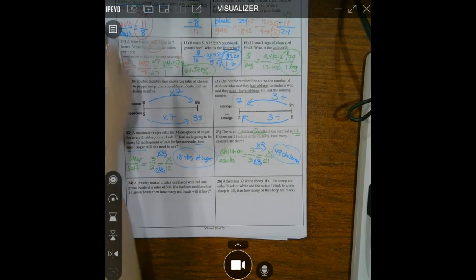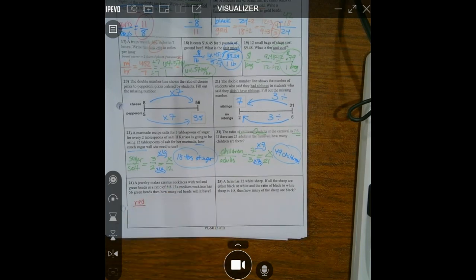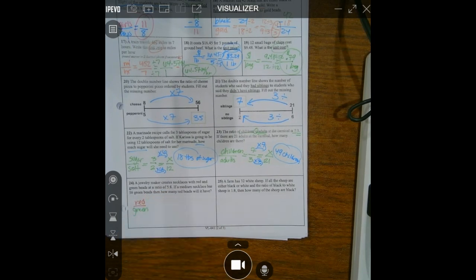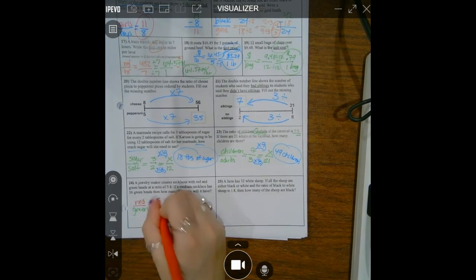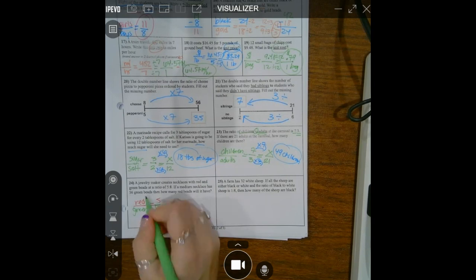Okay, so let's see here. Okay, we have red and green beads. And then that's in a ratio of 5 to 8. If a medium necklace has 56 green beads, then how many red beads will it have? Okay. It says 56 is representing what?